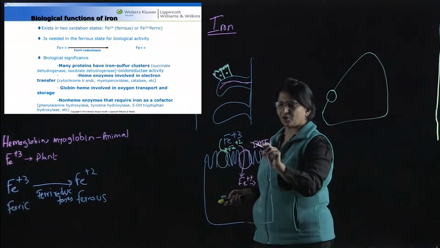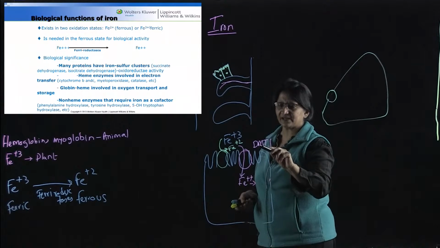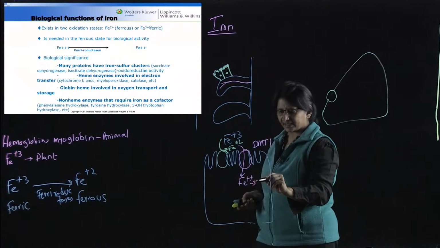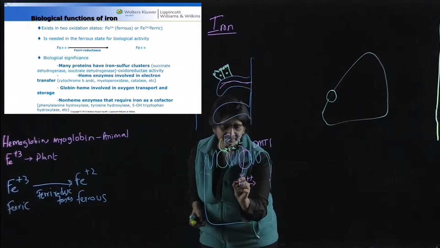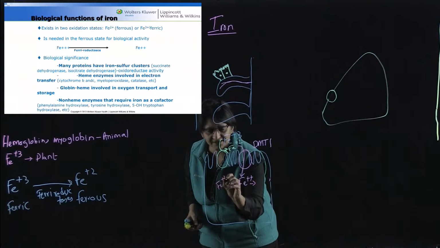So the ferrous form of the iron is transported by the divalent metal transporter into the cytoplasm, and here it can be converted again, I think, into Fe+3 and stored in ferritin.